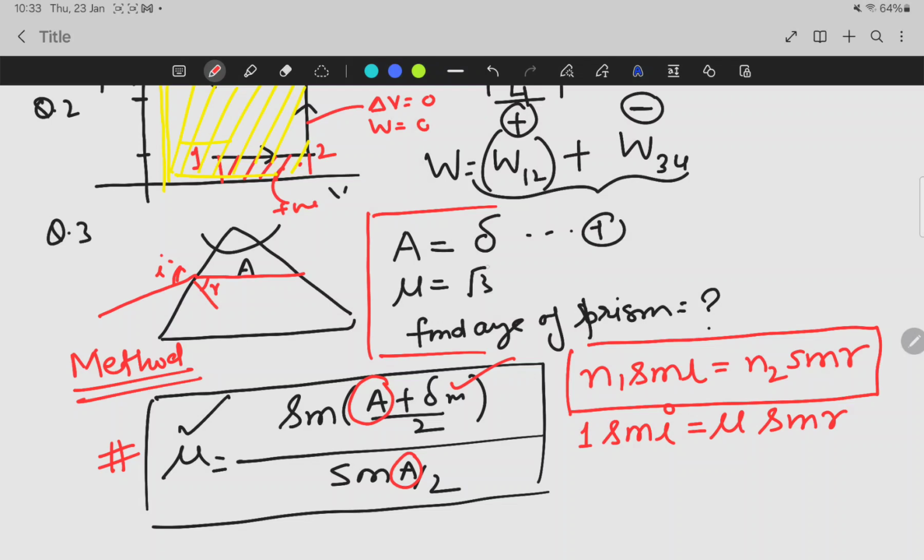Now one relation you should remember is for minimum deviation.